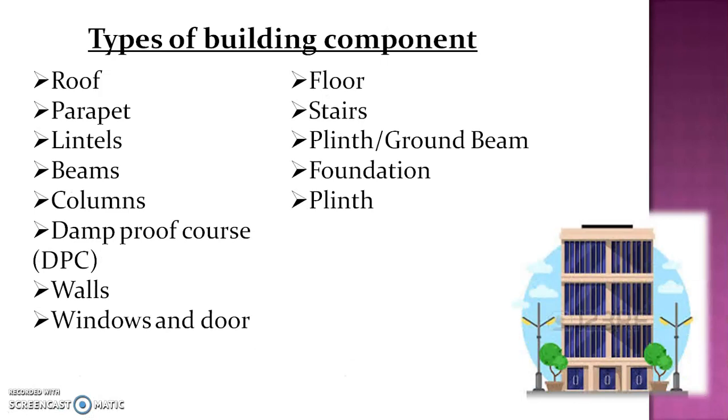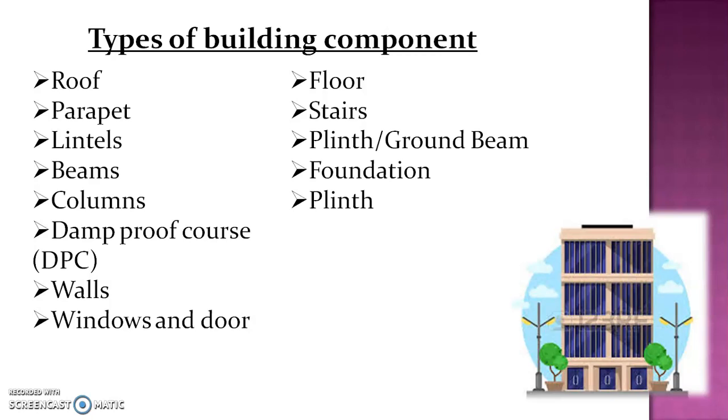The different building components in general include the roof, parapet, lintels, beams and columns, damp-proof courses, walls, windows and doors, different floors, staircase, plinth and ground beams, foundation and plinth levels. We will try to understand the functions of each. Generally, a roof is made to enclose the space from the top.